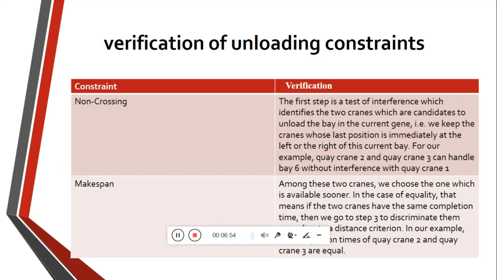Then we move to makespan. Among these two cranes, we choose the one which is available sooner. In the case of equality, that means if the two cranes have the same completion time, then we go to step 3.